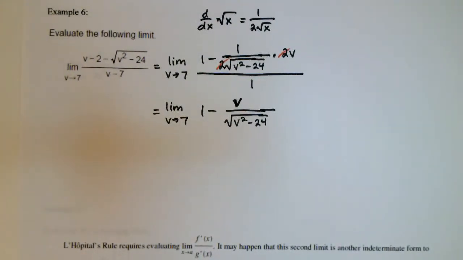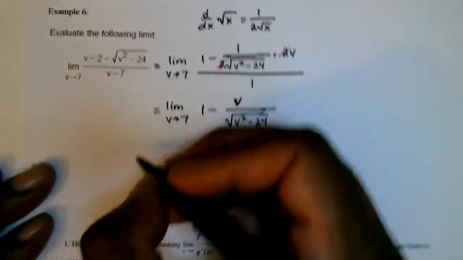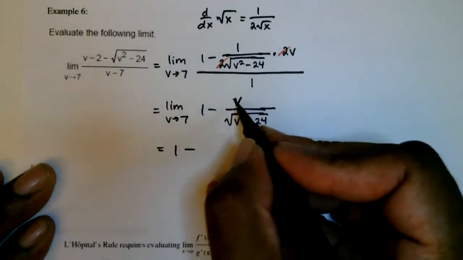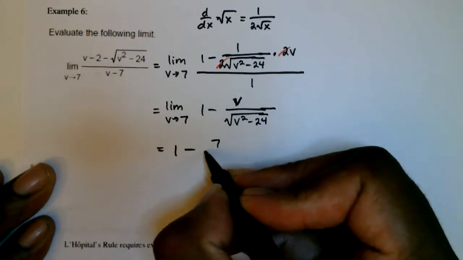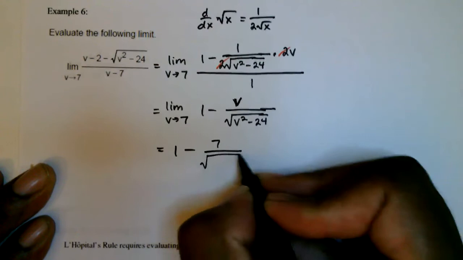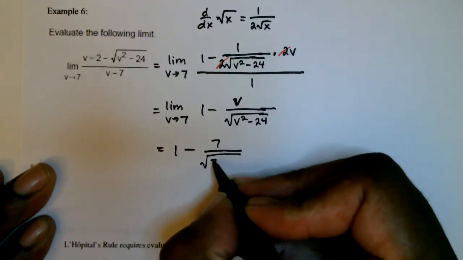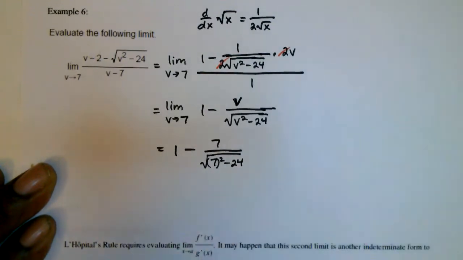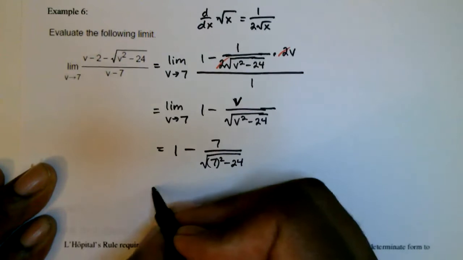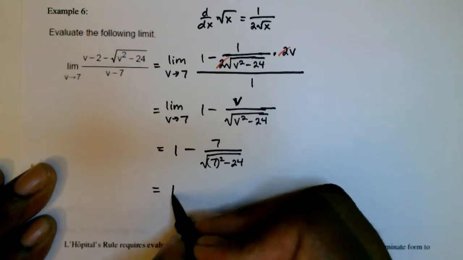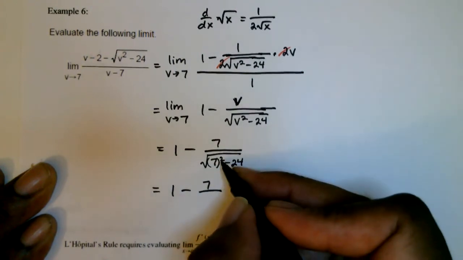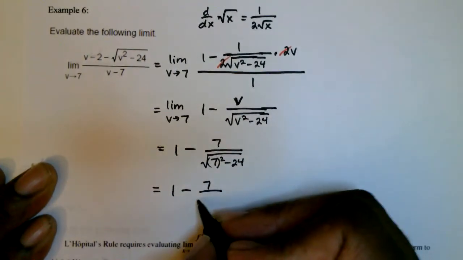And now I can apply direct substitution here. So this will be 1 minus v, I replace that with 7, divided by the square root of 7 squared minus 24. Simplify: this will be 1 minus the 7 in the numerator. 7 squared is 49 minus 24 will be 25.